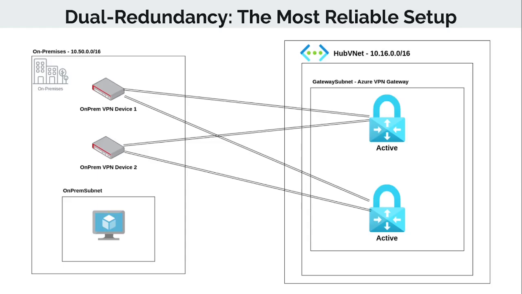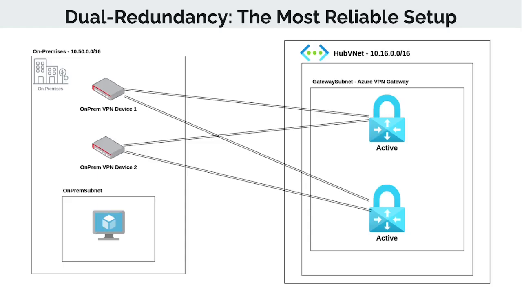Before wrapping up, let's quickly go over some best practices for ensuring high availability in your VPN architecture. The first best practice is to always use BGP when deploying high availability VPN gateways. BGP helps dynamically route traffic and improves resilience during failovers. The second best practice is to implement dual redundancy in mission critical environments.